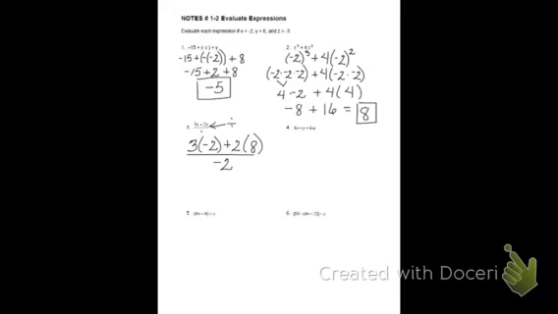Doing your multiplication of integers, this becomes -6 plus 16 divided by -2. Leave this as a fraction. Adding the top opposites would be a +10 divided by -2, which gives you -5.